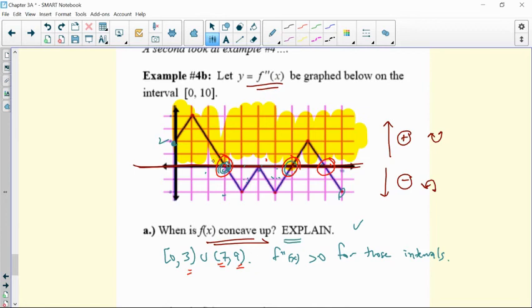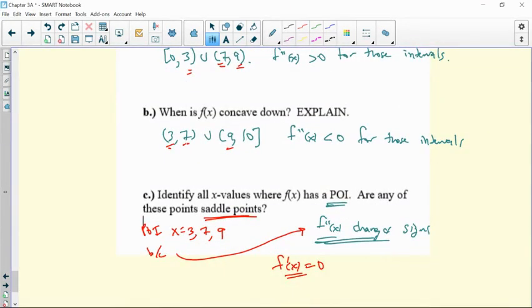So I don't know what the first derivative is here, here, or there. So that's kind of like a trick question. Are any of these saddle points? We don't know, cannot be determined, because we cannot decide what that first derivative is.